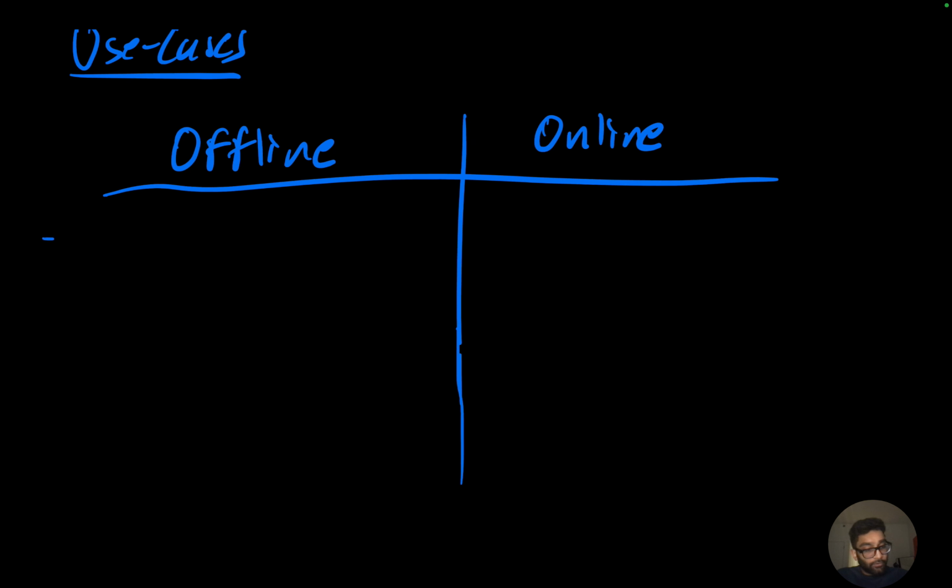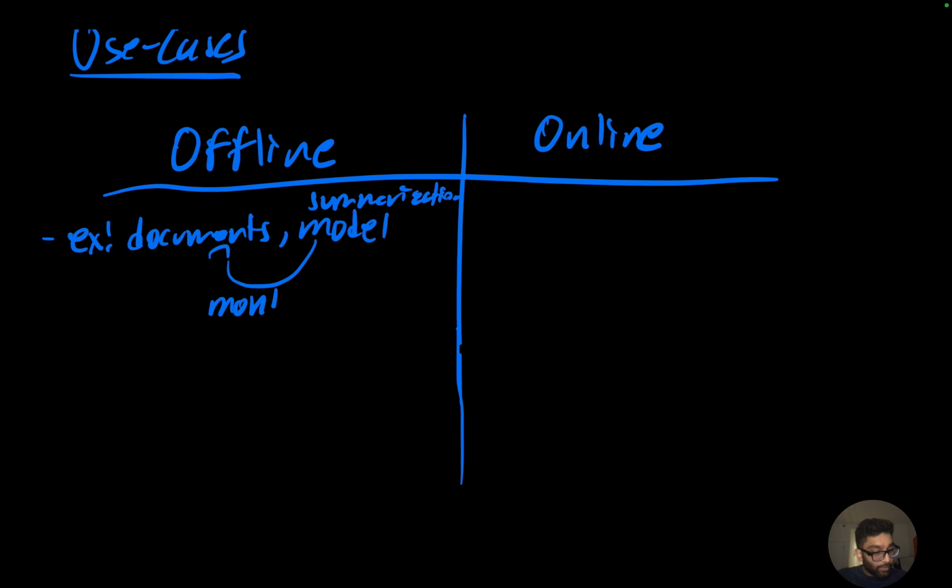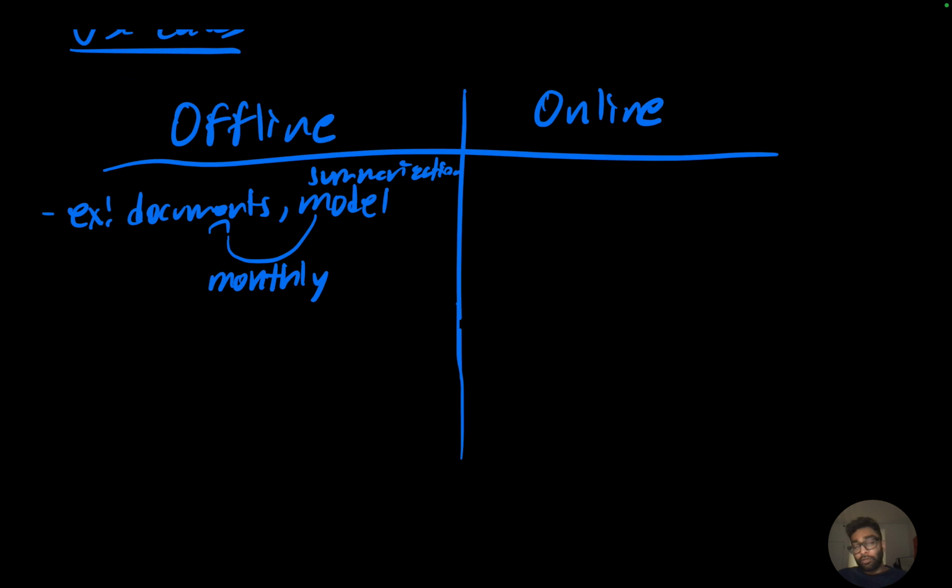With offline inference, a sample use case is, let's say you have a bunch of documents and you have a summarization model that you want to run on those documents on a monthly basis. So at the end of every month, we're going to pass in these documents to our model. We just want to get output back. We don't really care about latency.